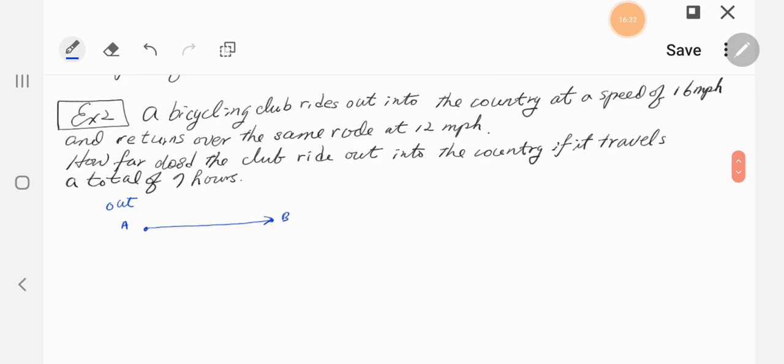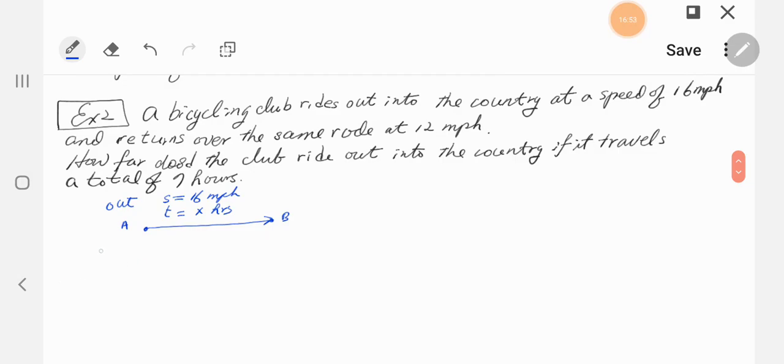So when you go out, the speed is 60 miles per hour, right? And then let's say the time we don't know. The time is, let's say, x hours. We don't know, right? x hours.